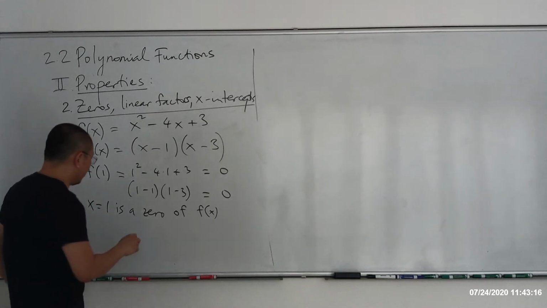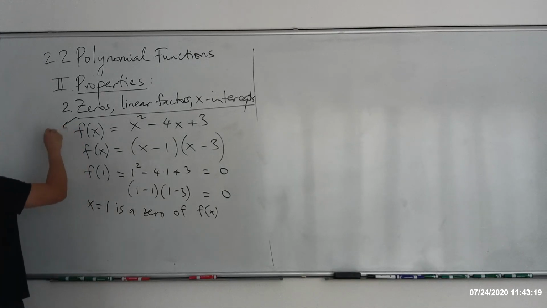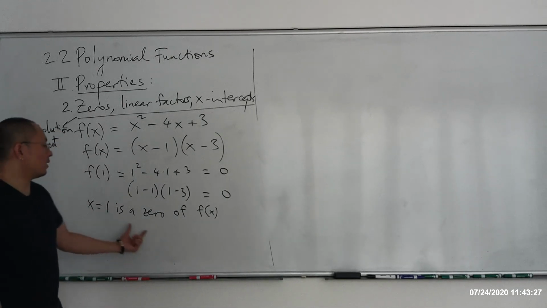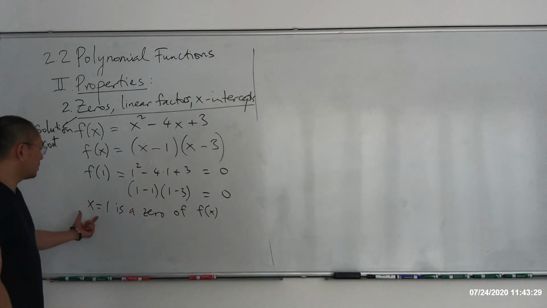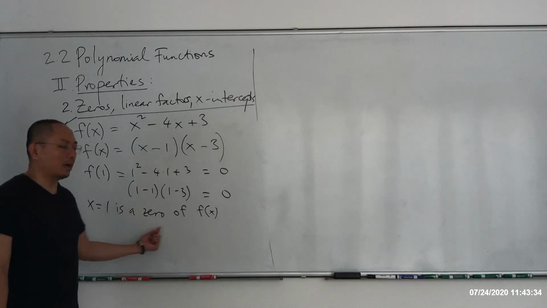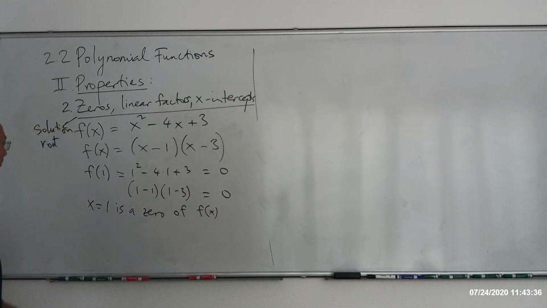You can call it, I think, solution or root. You can say x equal to 1 is the root of the polynomial, x equal to 1 is the solution for the polynomial. Those are the values that when you plug in, you receive back 0. Okay? And you see what?